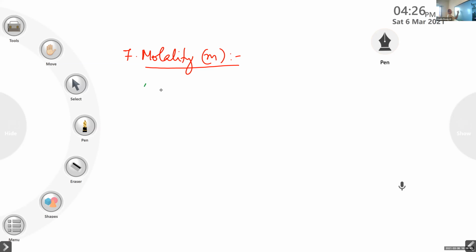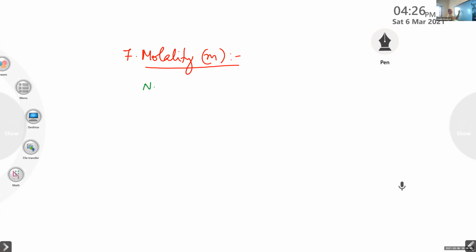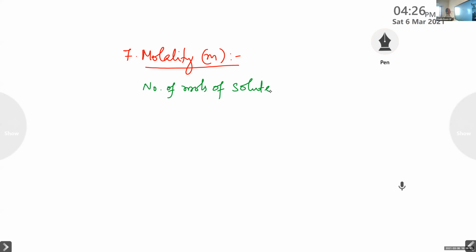Number of moles of solute per kilogram of a solvent.